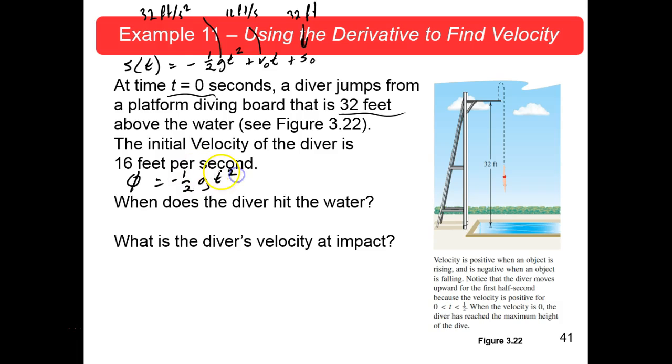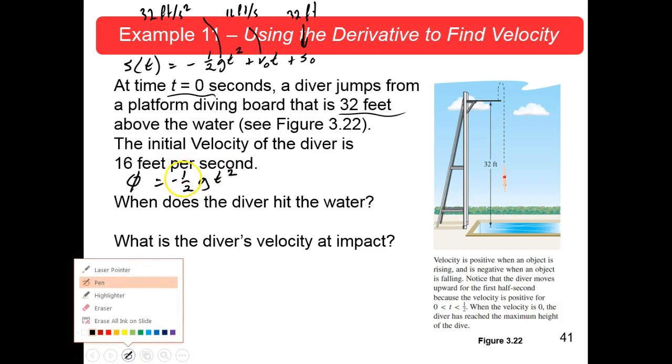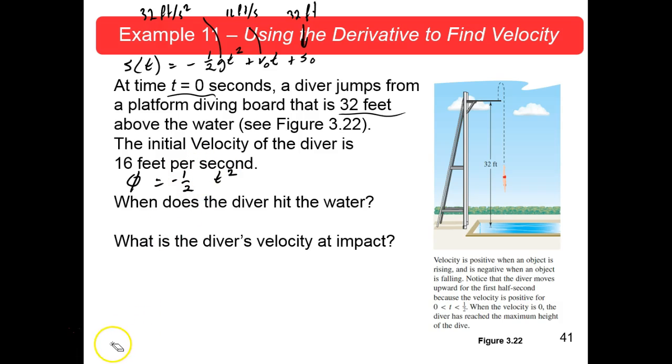g t squared. Well, let's go on and plug in. g is 32 feet per second squared. I'll leave off the units now just because they take up so much room. But you see, feet per second squared multiplied by seconds squared will give us feet. Plus 16 feet per second times t, which will be in seconds, that will give us feet, plus 32, our initial height.